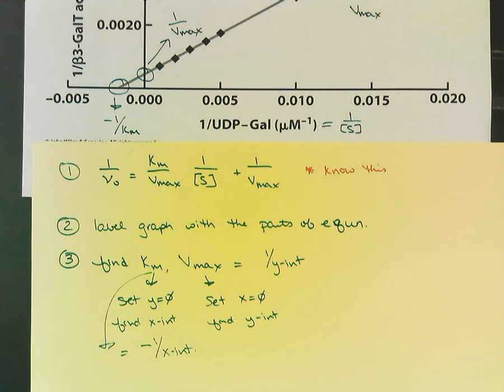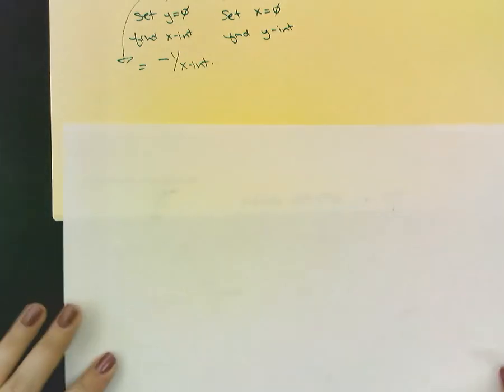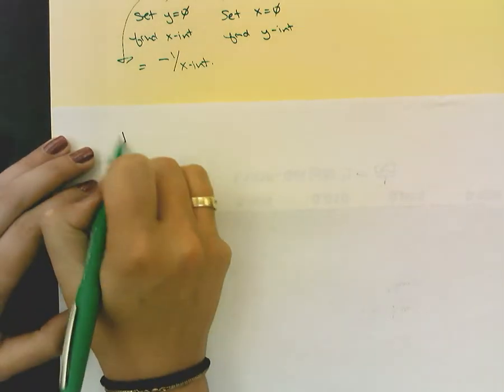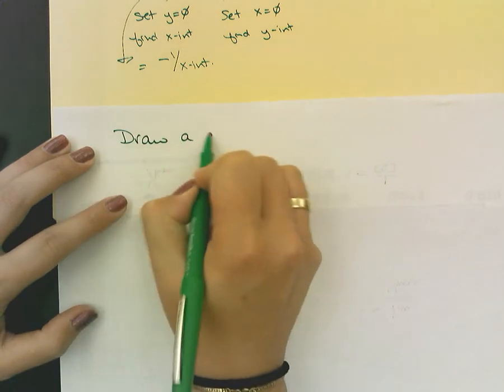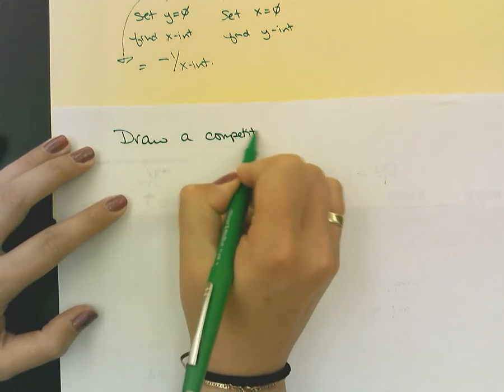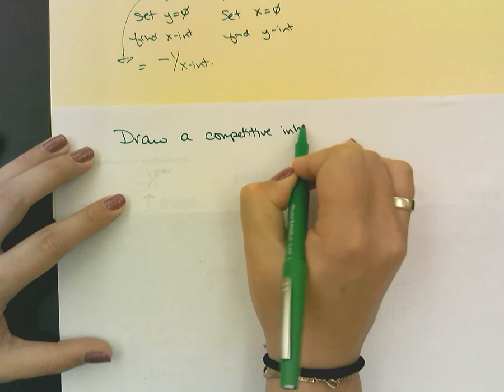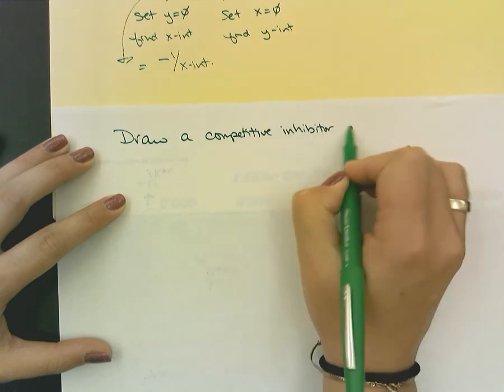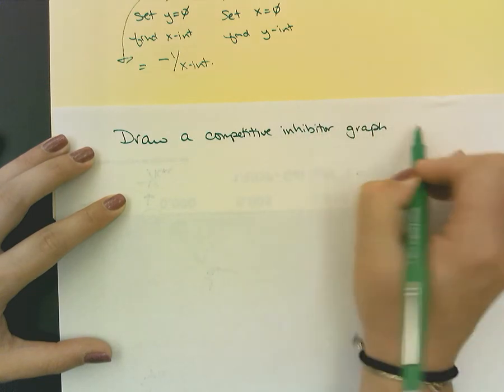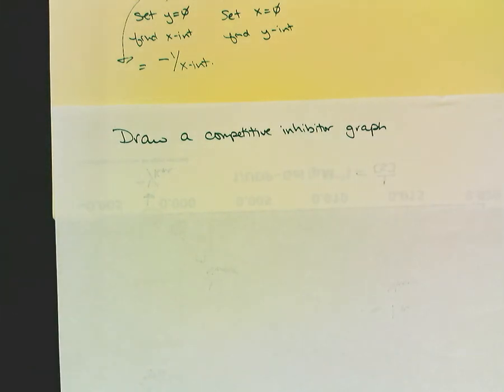Okay, I could ask you, one would be draw a competitive inhibitor graph.